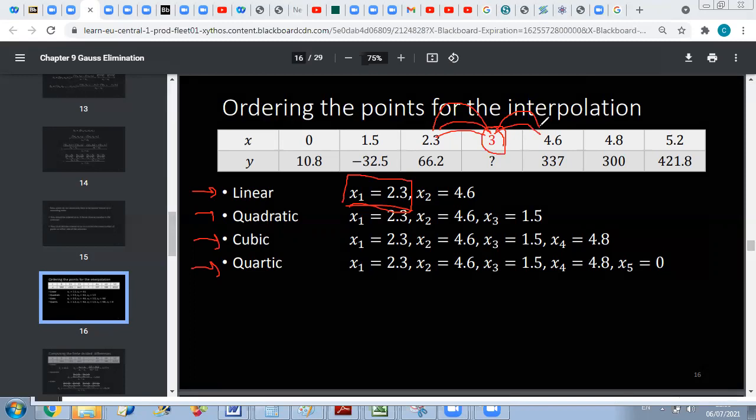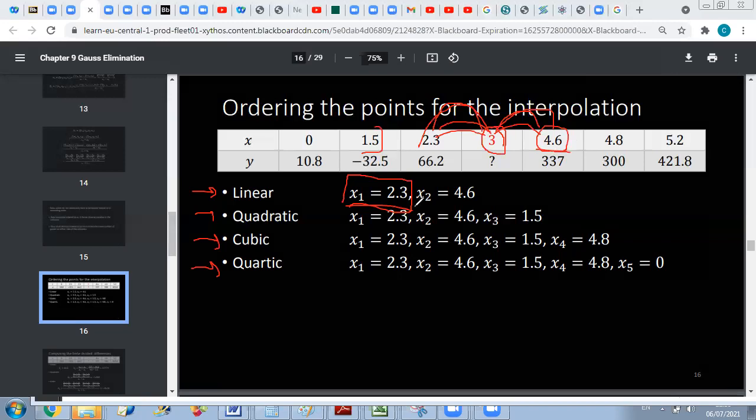So now the second point will certainly be x2, because I already took a point to the left, so now I should take a point to the right. Even though 1.5 is closer to 3 than 4.6, because I should take from each side, the second point is 4.6.